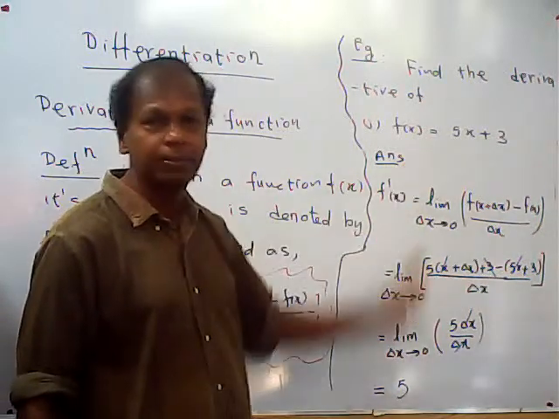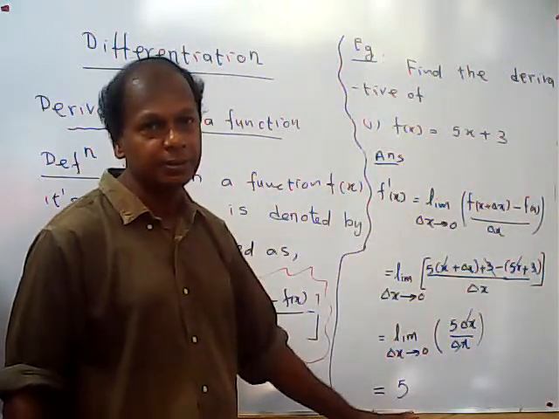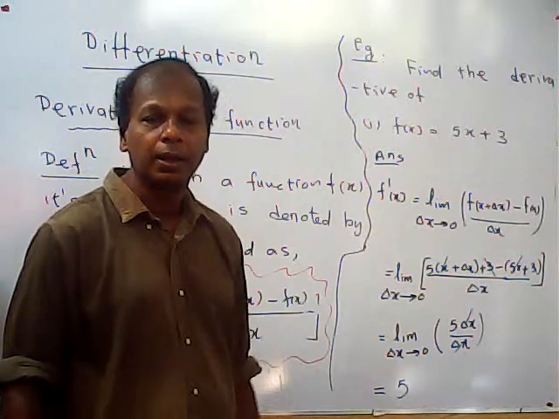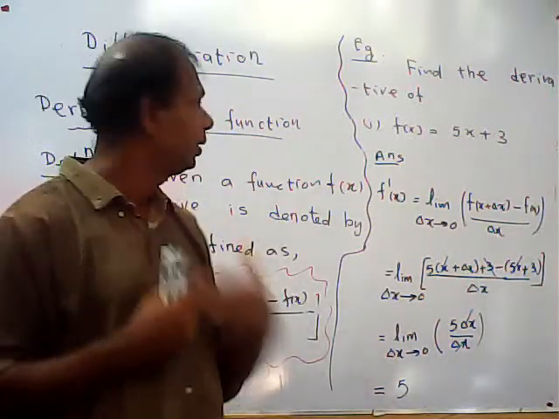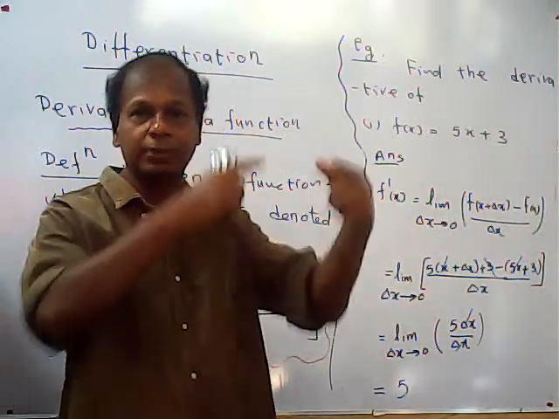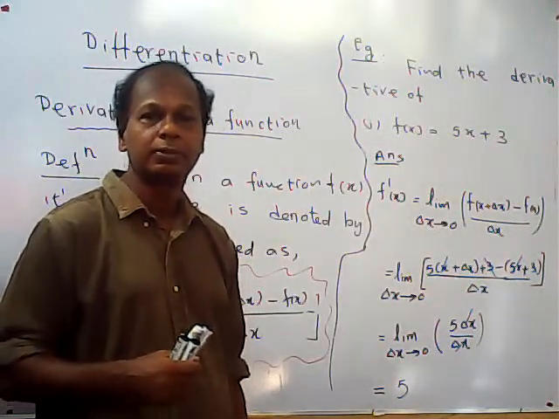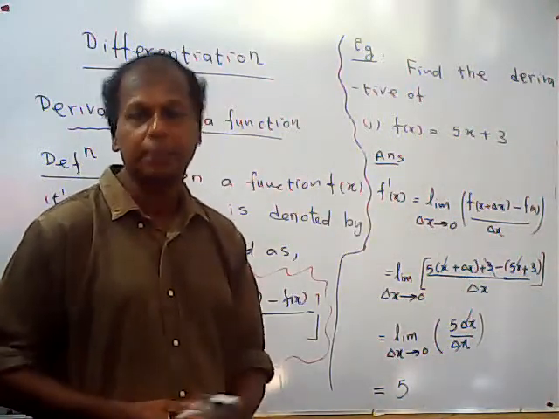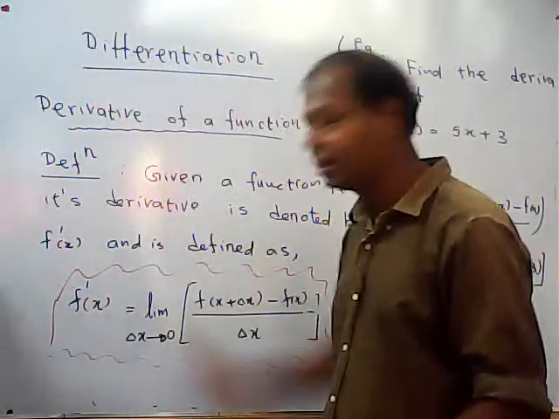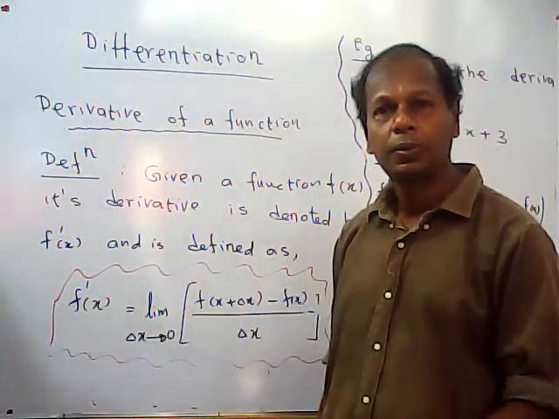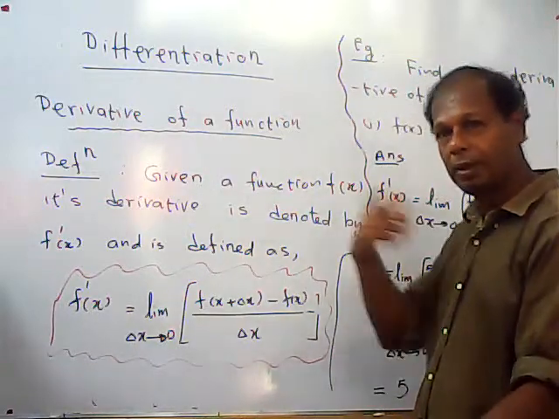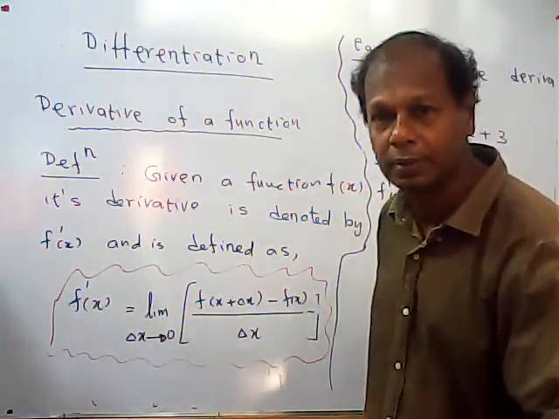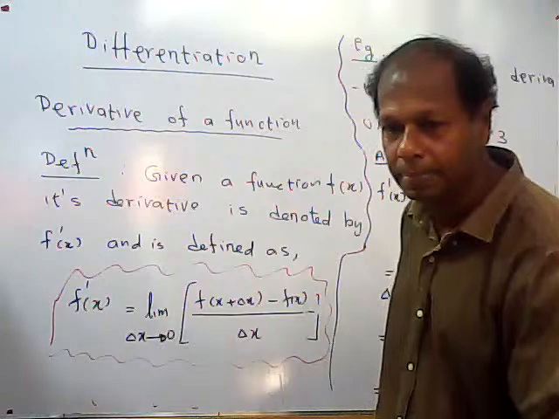For this particular example only you get a constant function. I think you got some idea with this first example, but let's do a few more. Then things will be very clear. You just take it down, and we will go to a few more examples.